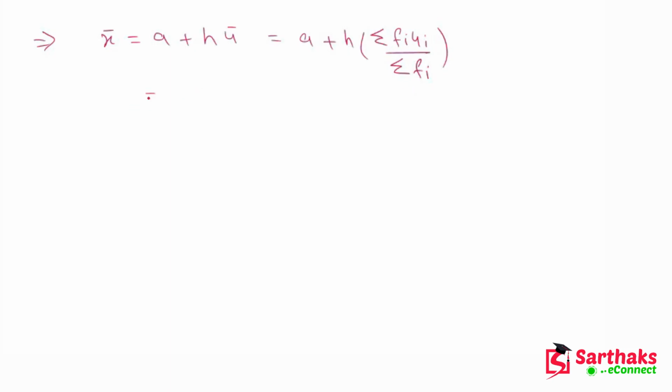So we have a is 150, plus h which is 20, into summation of fi ui which is -12, divided by 50. I hope you get this point. Now if we solve this, we get 150 minus 4.8.